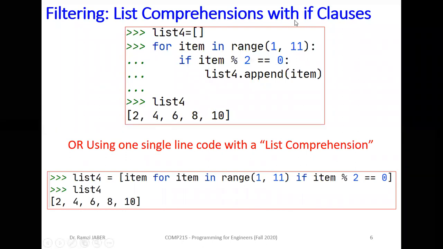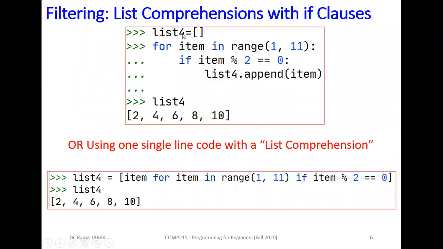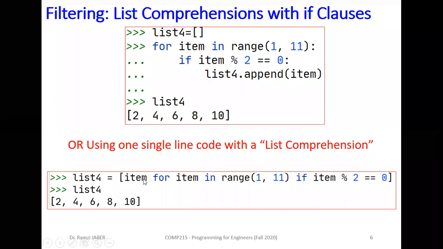Now we can do it in one single line, just like this. Here we have lines 2, 3, 4: four lines replaced by one single line using list comprehension. The output will be item.